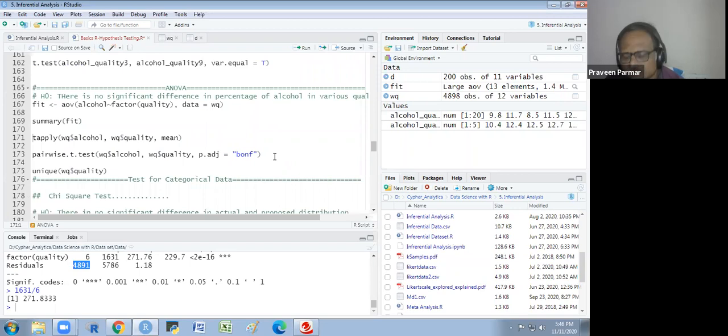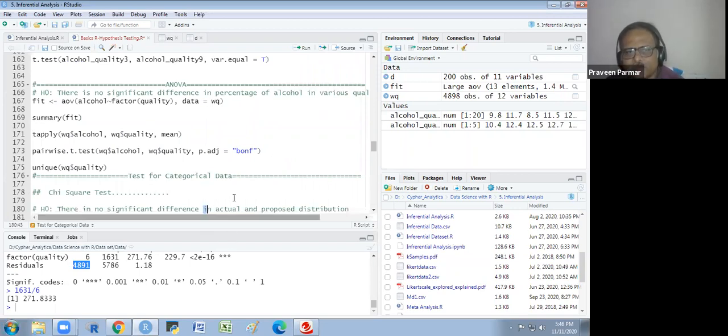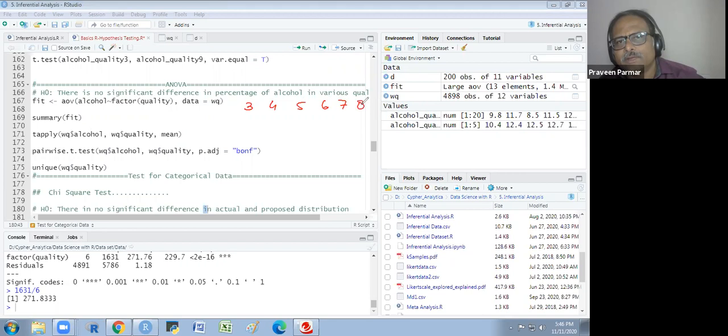Why do I say that? Because we have different quality pairs and we compare them this way. We have 3 quality, 4, 5, 6, 7, 8, and 9, and here also 4, 5, 6, 7, 8.